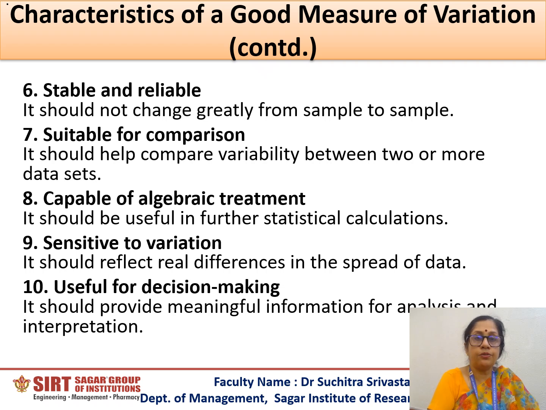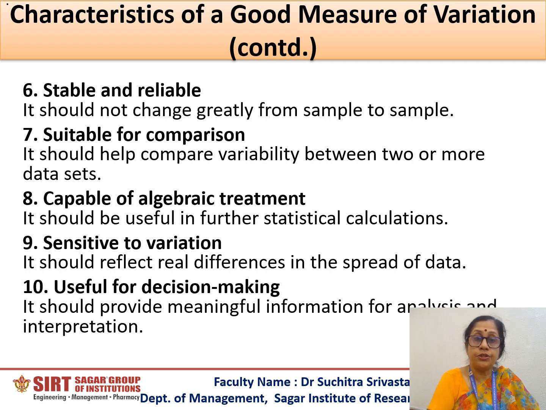Next, it should be stable and reliable. Next, it should be suitable for comparison. That is, it should help in the comparison of variability between two or more data sets. Next, it should be capable of further algebraic treatment. Next, it should be sensitive to variation.